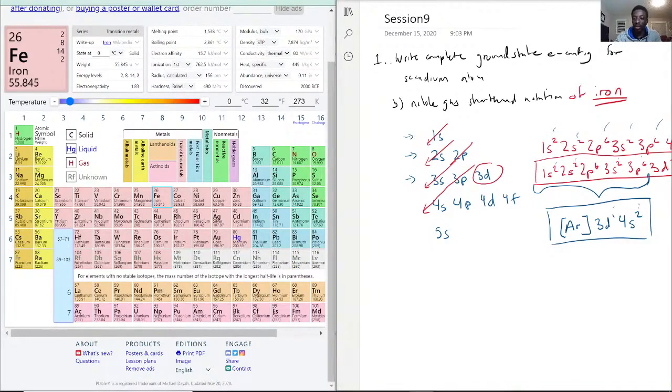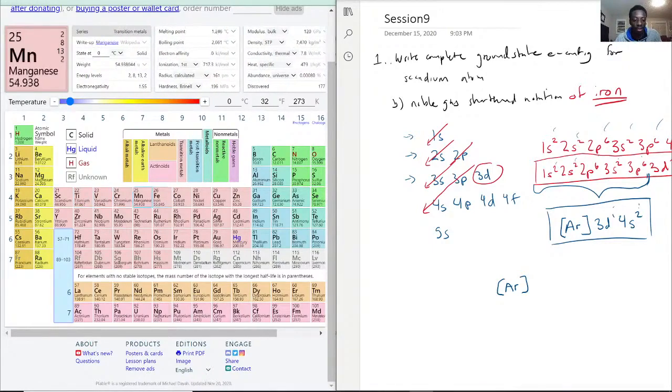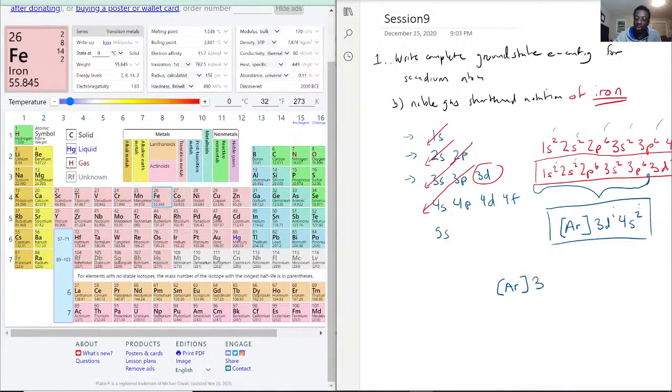Because we're going to keep it relatively short, we're still going to start with argon, because that is our most recent noble gas. But instead of 3d1, we have 3d2, 3, 4, 5, 6 on the iron. So it would be 3d6 and then 4s2.